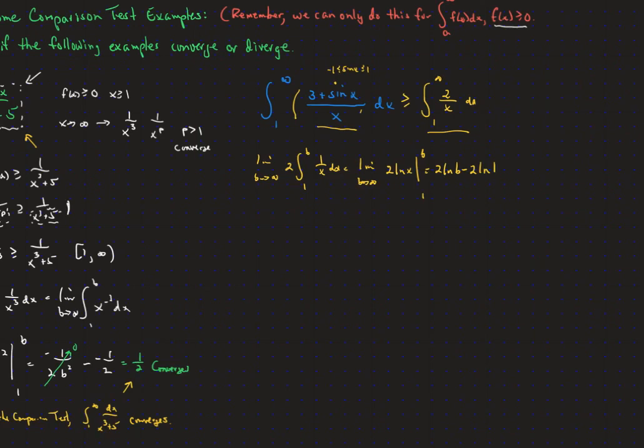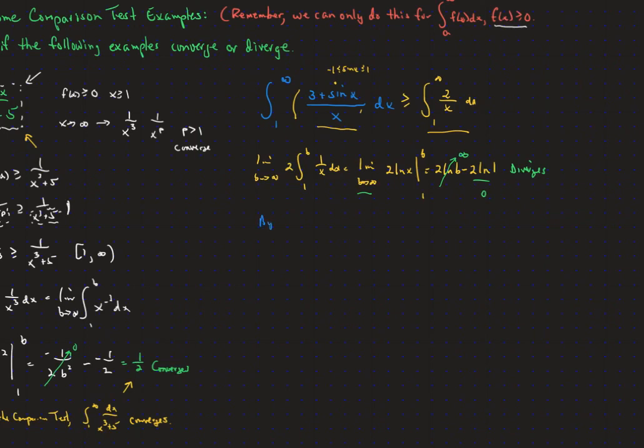So this we know is 0, and as b goes to infinity, this natural log of b is going to go to infinity, which means this integral is going to diverge.